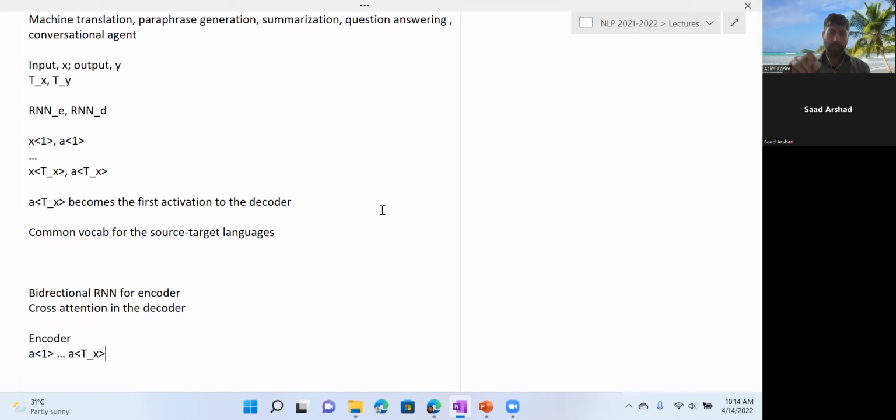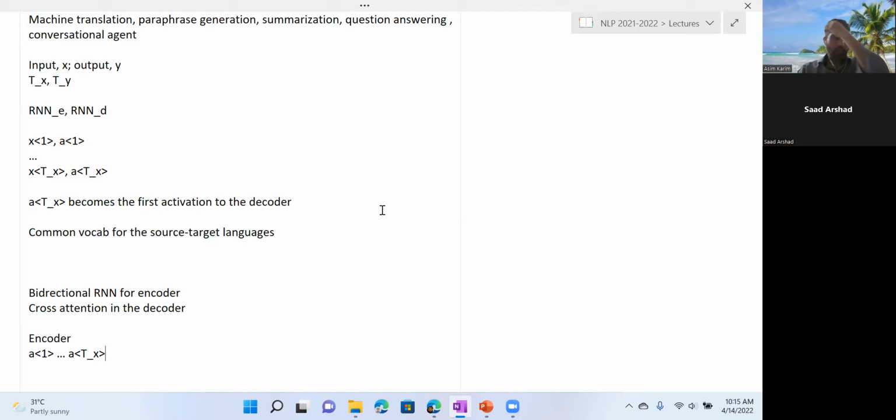But the problem here is that the length T of the input sequence would vary. As such, the concatenation of all of these vectors would be of different lengths, which would be difficult to handle in a neural network context. So we would like the information that is passed to the decoder to always be of the same length. Okay? And of course, this is handled by cross attention very nicely.